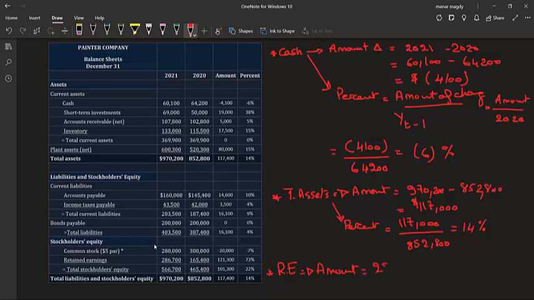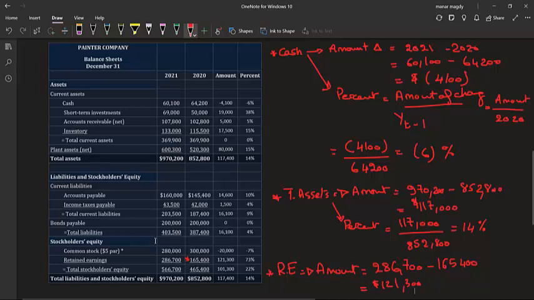So this year we have acquired retained earnings of 286,700. That's this year. Here is the amount last year, 165,400. So the amount of change equals 121,300.